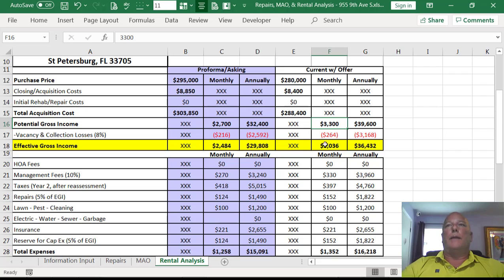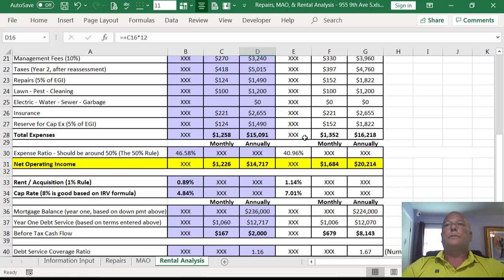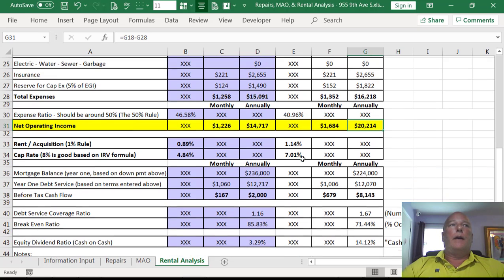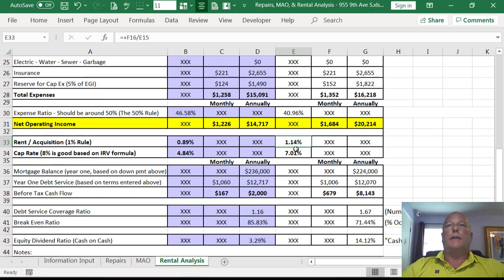If you were able to get 3,300, which is a little higher than the 2,700, based on 1,100 per unit instead of 900, comes out to 3,300, which you can see here is a little bit different than the annual there. It also gets you, if you paid cash, $1,684 a month coming in, or $20,000 a year. And then down here, rent acquisition, you're at 1.14, so that's a pretty good number there.